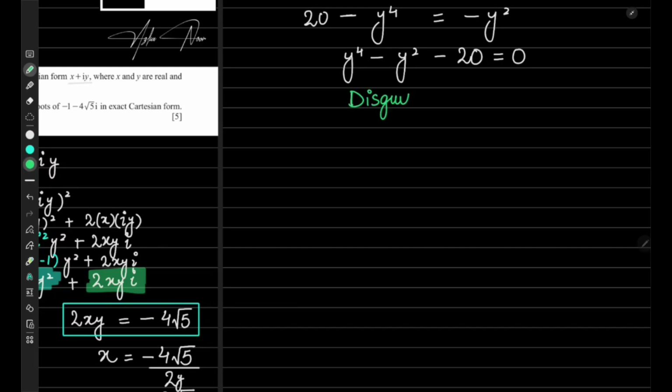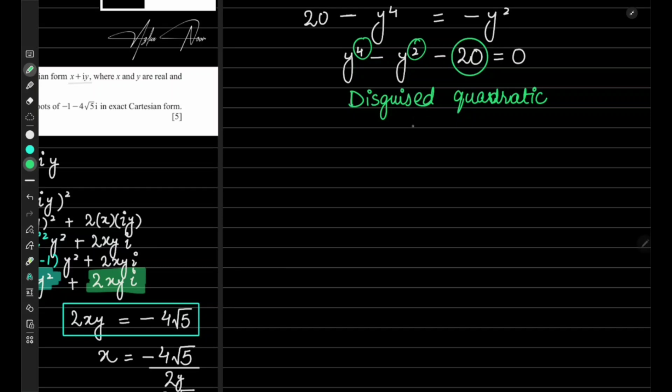It has a maximum power 4, but it is a disguised quadratic. What is a quadratic? When you have double power here, half the power here, and a constant term. The same pattern is there, but the power is not exactly 2 but 4.